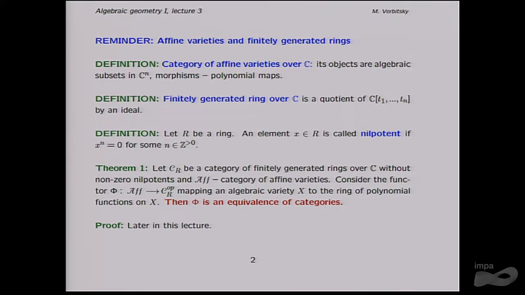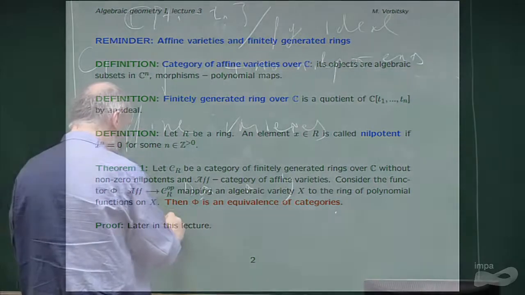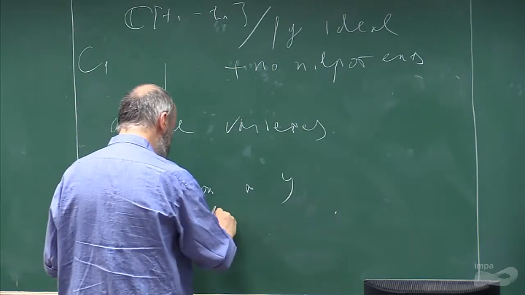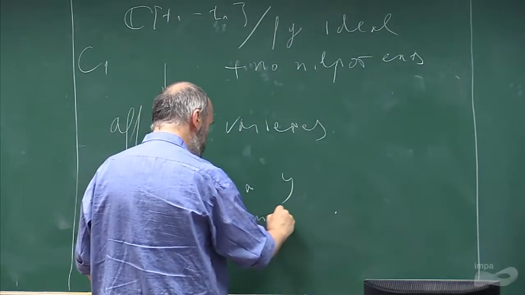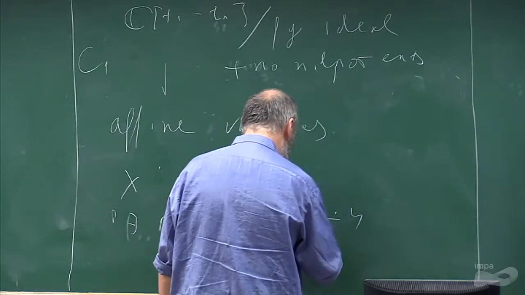In fact, you don't need it embedded, because we already discussed that two algebraic varieties are isomorphic if you have invertible polynomial maps from one to another. Like an affine algebraic variety x is isomorphic to y if there exist polynomial bijections from x to y, from y to x.